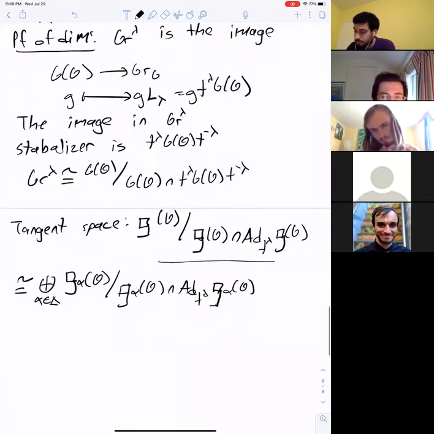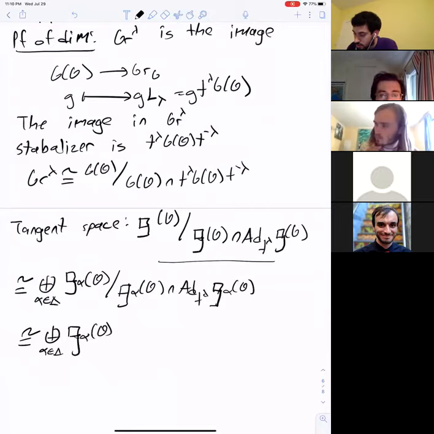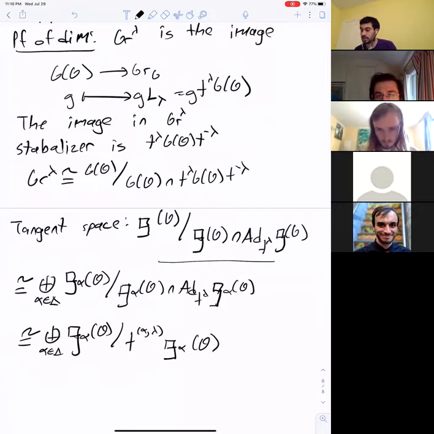So in particular, we just have something that looks like this: t to the alpha lambda, g_alpha(O).